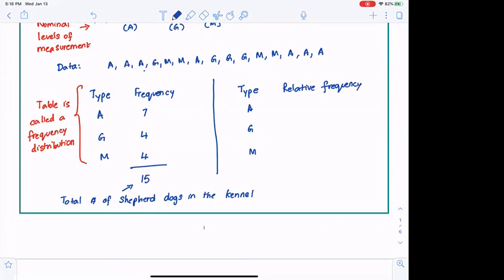So A, we have 7, so the relative frequency would be 7 over 15.